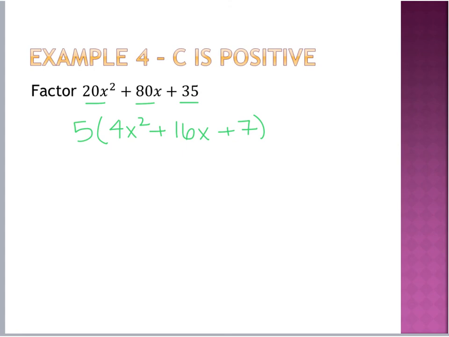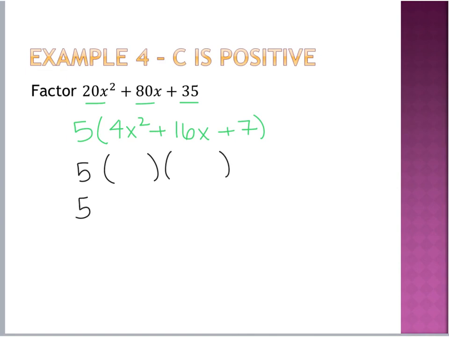That would give me a lot more sets of factors I would have to try. So now that I've made this simpler on myself, I only have to factor what's inside. I'll continue to carry the 5 down, but I don't have to worry about having an extra 5 and all of this stuff. So let's go ahead and factor these. I'm going to carry my 5 down with me every time, and set this up just like what we've been doing.